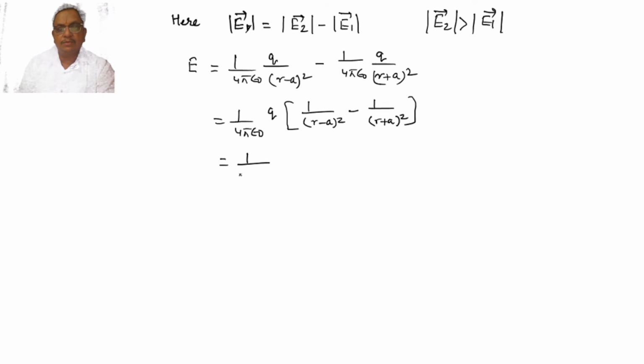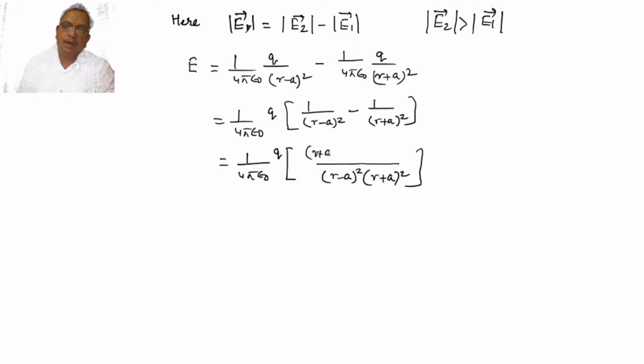We take a simple mathematical calculation and get the result. The denominator is R minus A whole square and R plus A whole square, and in the numerator we have R plus A whole square minus R minus A whole square.